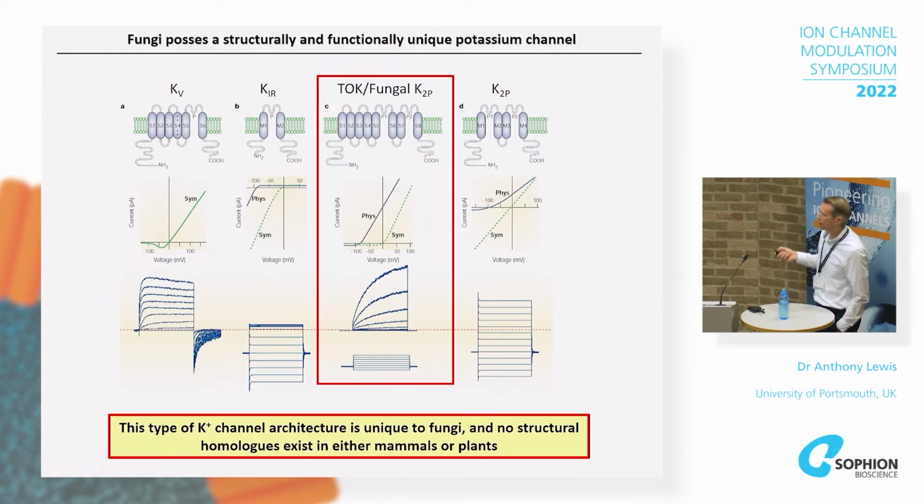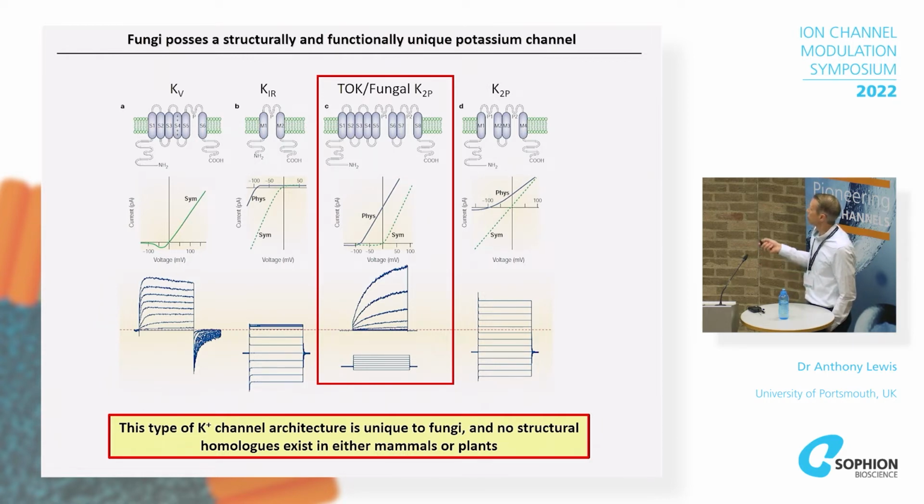So the potassium channels that are expressed in fungi are structurally different. So they have 8 transmembrane domains and 2 pore loops per subunit. So again, it's not been proven directly, but it's thought that they form dimers. And functionally, they are intrinsically outwardly rectifying.